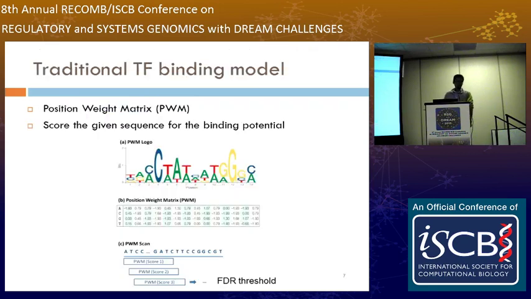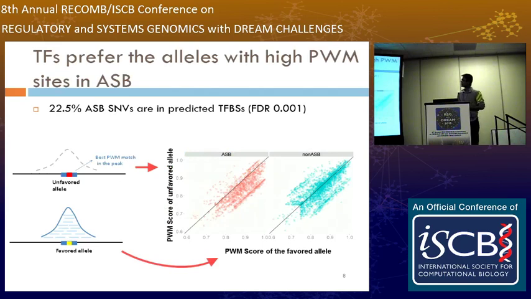Next, after we have the data, we look at the potential features. The first feature is the traditional one, PWM. It reflects the binding preference of the TF. When we compare the PWM score of the favored allele, which means higher reads in the ChIP-seq, and the unfavored allele, which means lower, we found that in ASB events the favored allele always shows a higher PWM score.